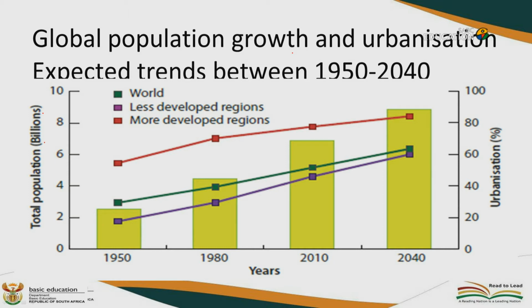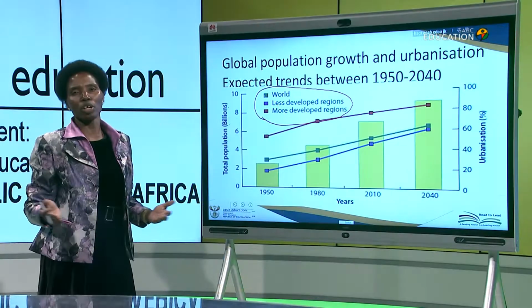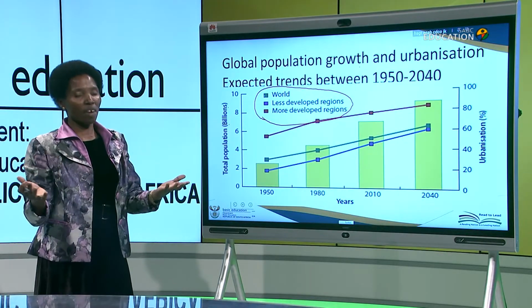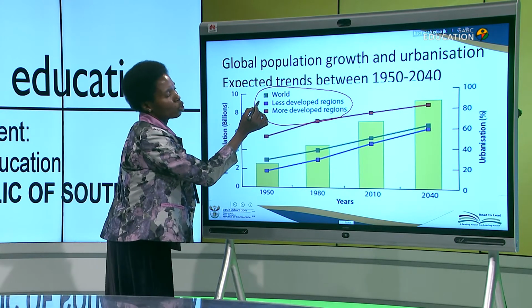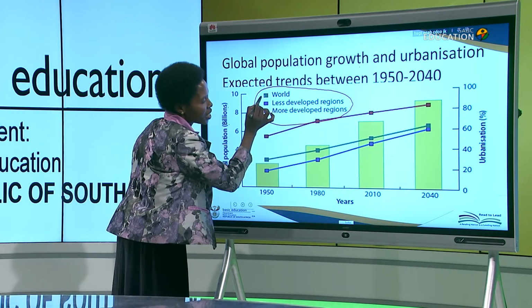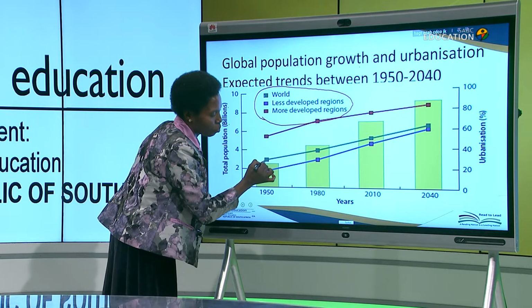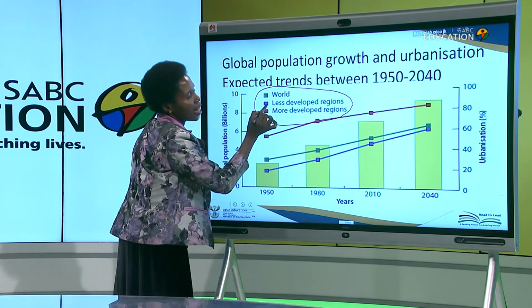And then when you come inside the graph, you do have the key. The key is very important for you to utilize when you are interpreting the graph. First, you look at the green color. Even though in the exam, unfortunately, you are not going to get colorful pictures, you will get black and white, it's very important for you to know which line represents the world, and which represents the less developed regions.